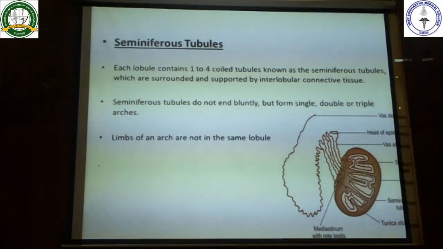It is not like they are tightly attached to each other; there is a gap, and they are surrounded and supported by the interlobular connective tissue. These seminiferous tubules do not end bluntly, but form single, double or triple arches that end in the mediastinum testis. The limbs of an arch are not in the same lobule; they are different.